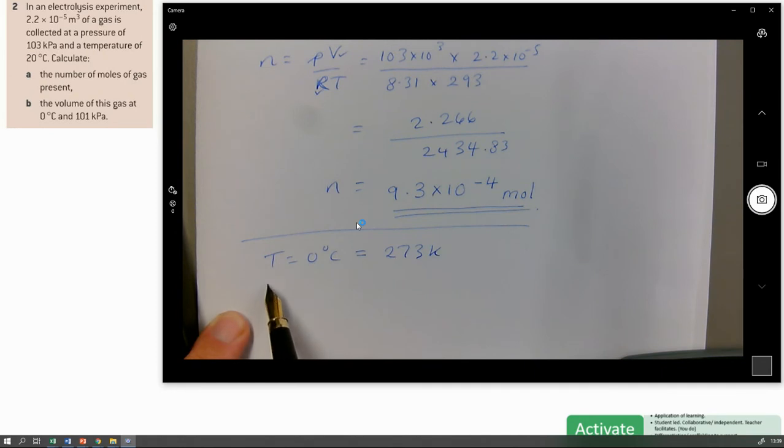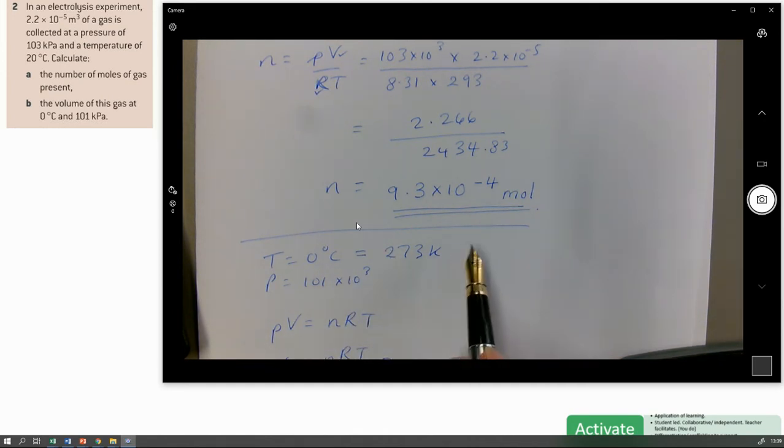We know that the pressure this time is 101 times 10 to the 3. So let's have a look. What are we actually trying to find? The volume. Write our formula. PV equals nRT. Rearrange. Volume is nRT over pressure. Substitute. 9.3 times 10 to the minus 4 moles.